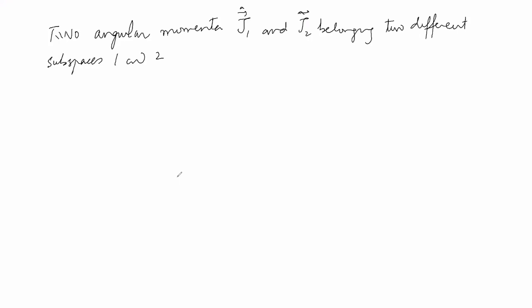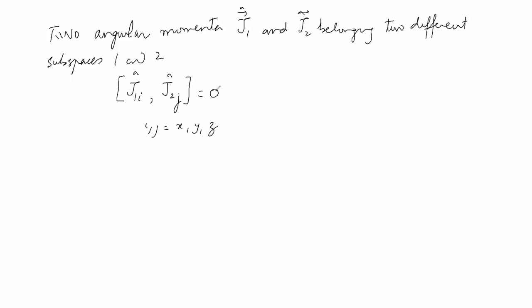Therefore, you can always measure the angular momentum of particle 1 as well as the angular momentum of particle 2 simultaneously, meaning [J1i, J2j], when I am able to measure independently the value of J1 and J2 along any direction, where i, j represent x, y, or z. What should be its value? 0.